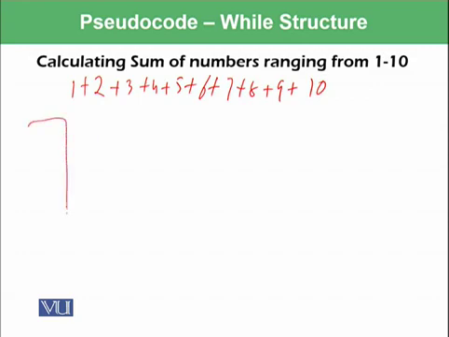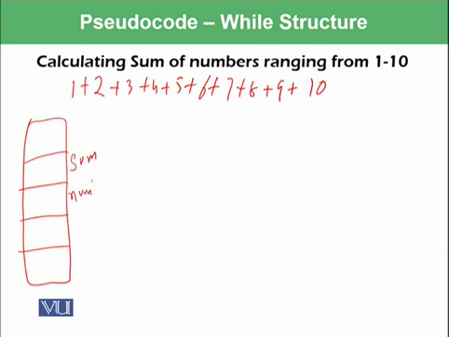We can create a memory first so that we can understand. We have a location called sum, which will store the sum of all of these numbers, and we have the first number, which is initially 1. So we can write the pseudocode like this: number is assigned 1, and this statement will make it 1 in this memory location, and sum is assigned 0.